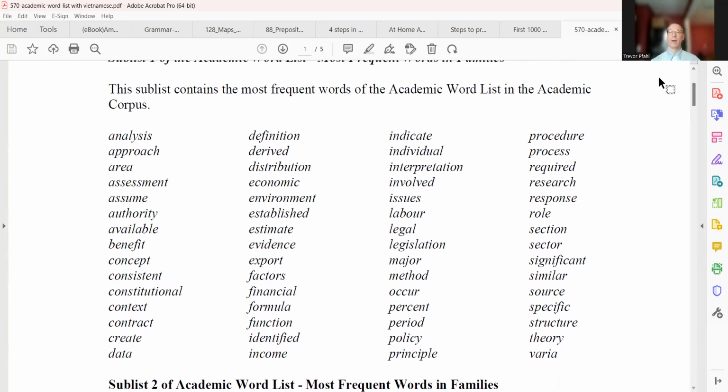There is also a website. Let me just switch my screen. There is also a website that you can access for the academic word list. And with this website, sorry, I'm just going to open it up here. There's also exercises.